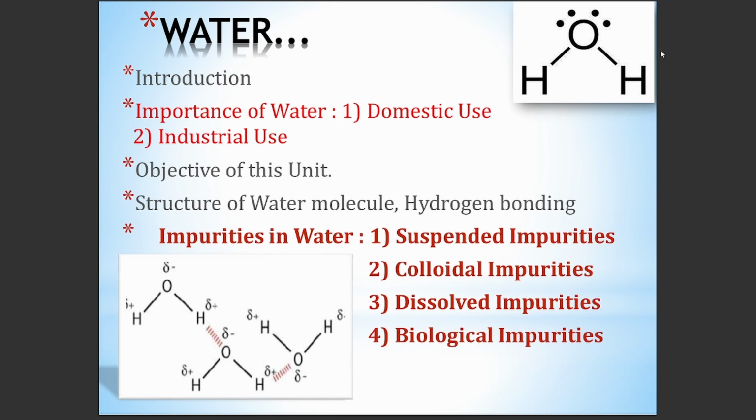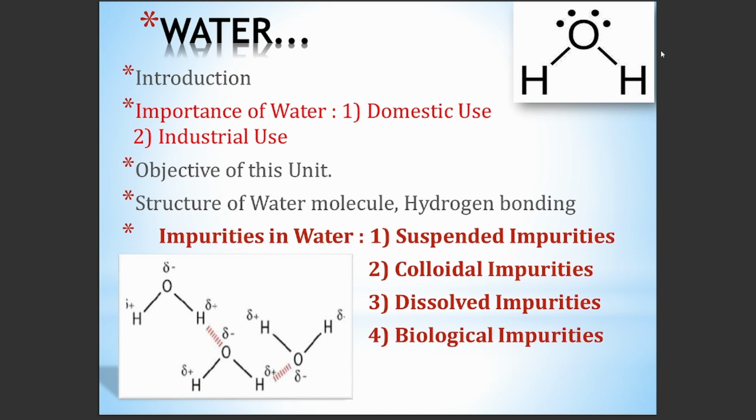Let us start with the structure of water molecule. You know, the water molecule has a formula H2O, which consists of two hydrogen atoms and one oxygen atom joined by polar covalent bonds. This polarity gives water unique properties like being a universal solvent, having a high boiling point due to hydrogen bonds.